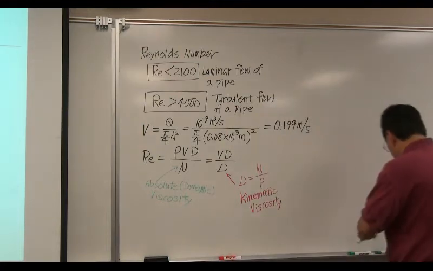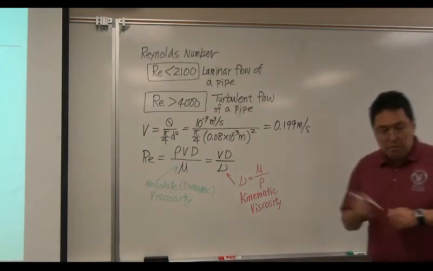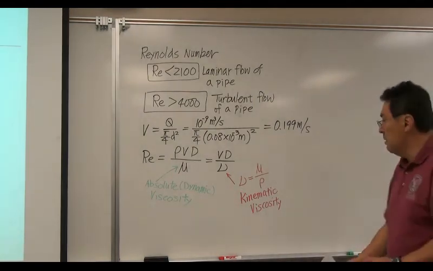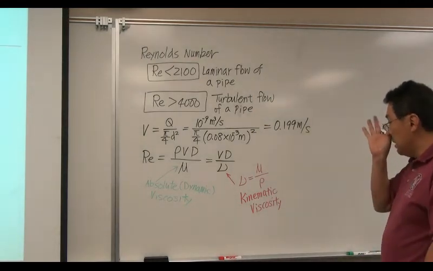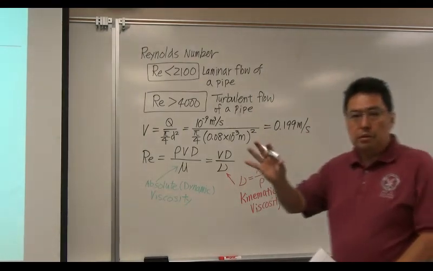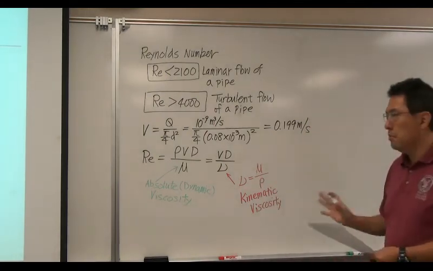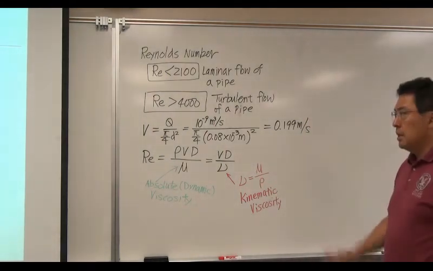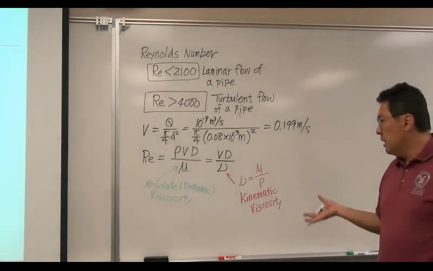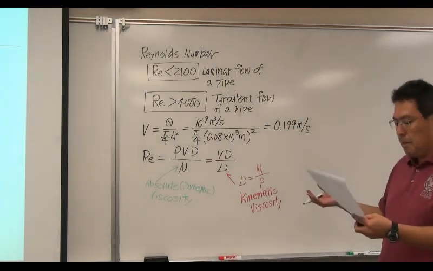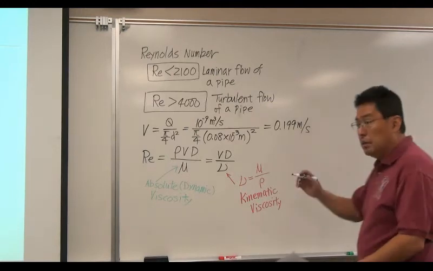Okay. Now usually people really don't tell you if the viscosity is absolute dynamic or kinematic. They only use the term viscosity. So you have to make a judgment if the viscosity they're talking about is either kinematic or absolute dynamic. How can you tell that? By looking at the units.